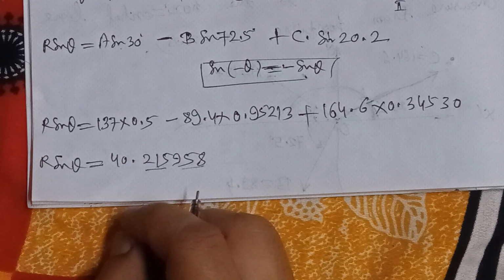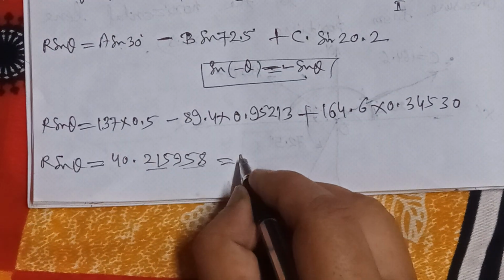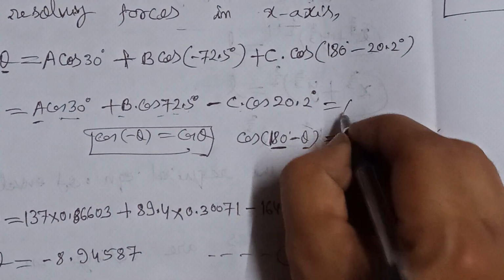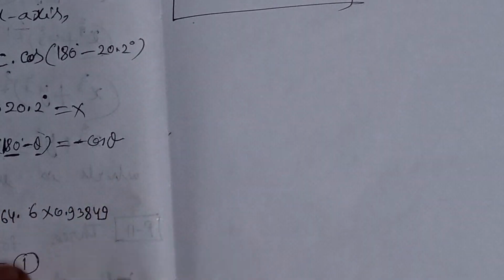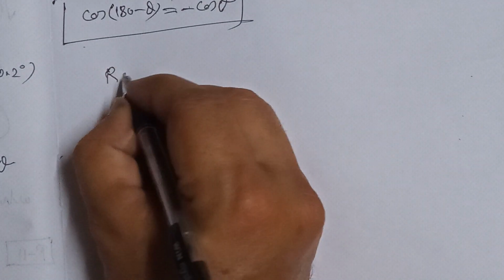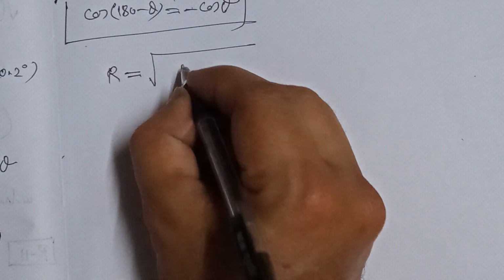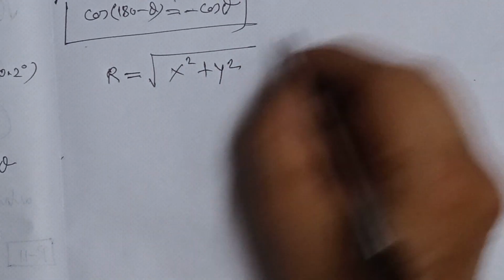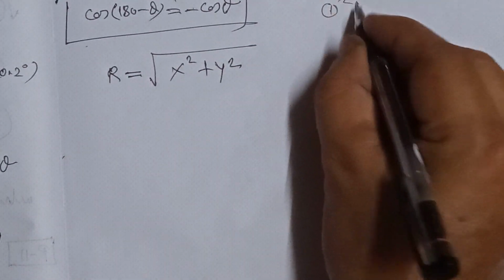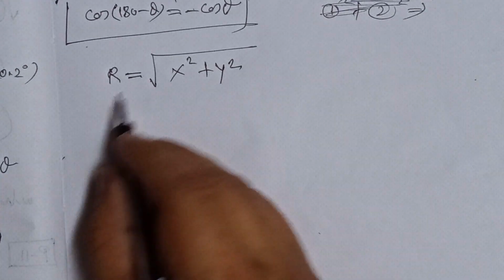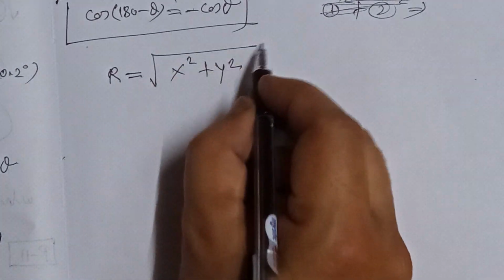This value is also written as capital Y, and you can also write the other value as capital X. The magnitude of the resultant is given by r equals square root of x square plus y square, or you can also find it by squaring and adding equations 1 and 2, you will get the value of r square, and after taking the square root we get this value.